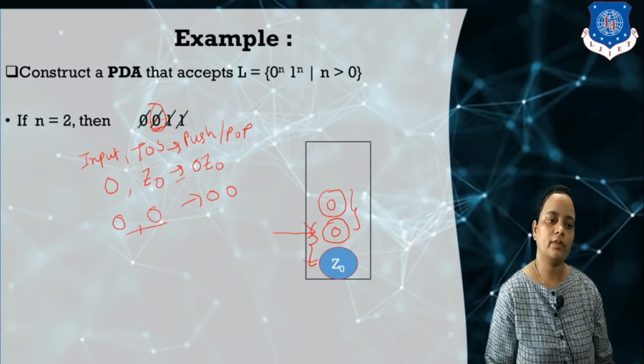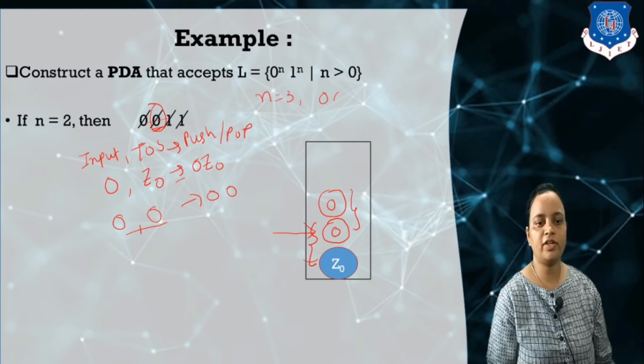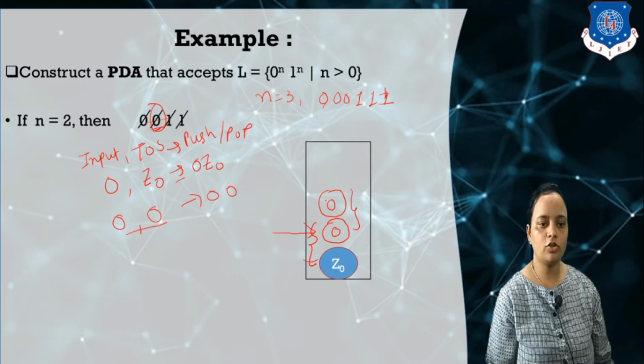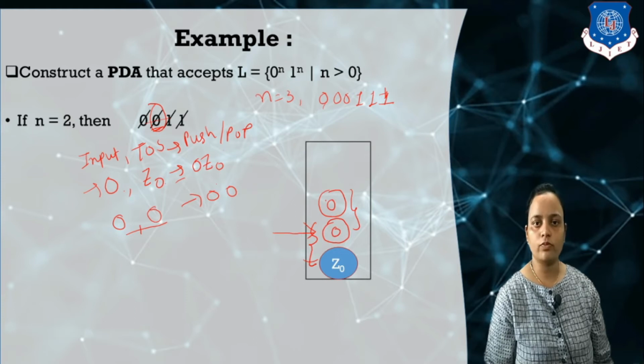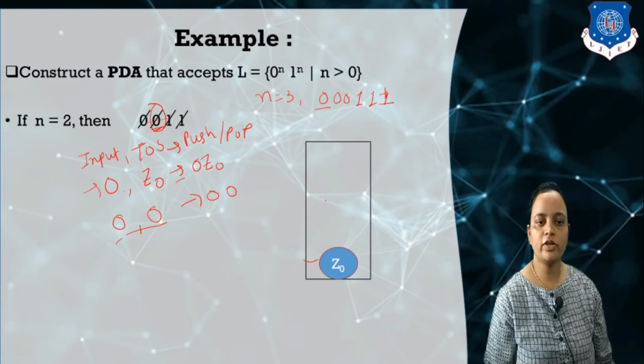Again, if n equal to 3, the same thing is repeated, 3 times 0, 3 times 1. Now if you see, 0 Z0, what do we have to do? Push operation, 0 Z0. Now the second 0, what topmost symbol does it contain? The first 0 is read, so the input is 0, and the topmost symbol of the stack initially is Z0.